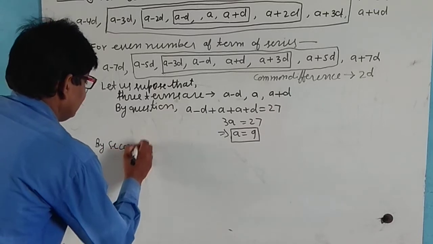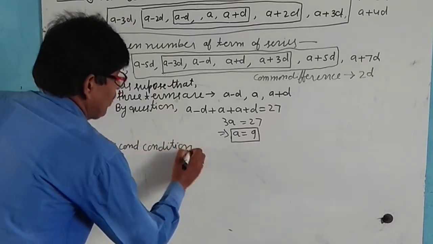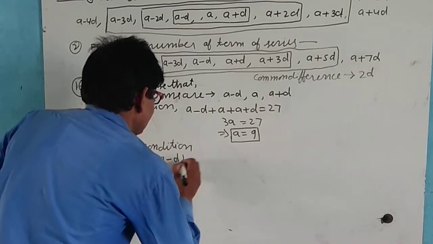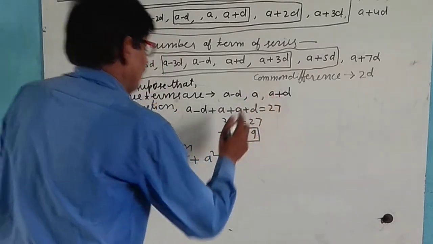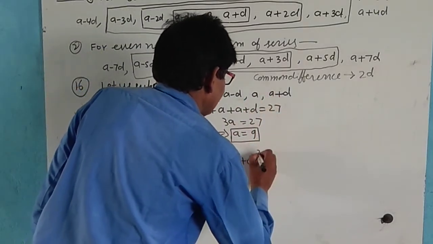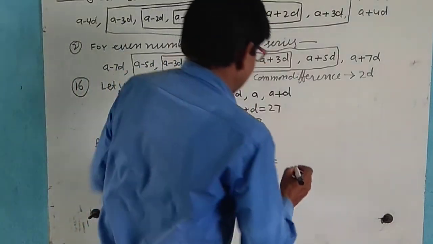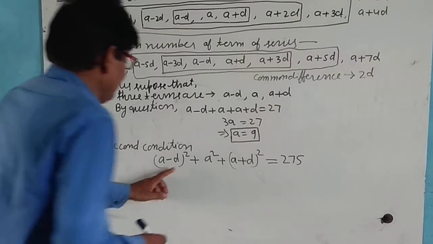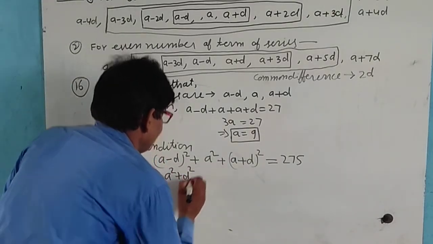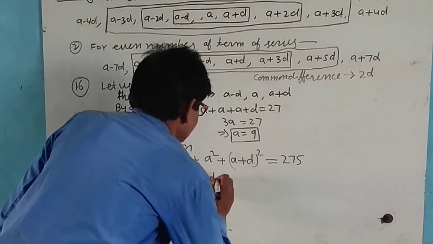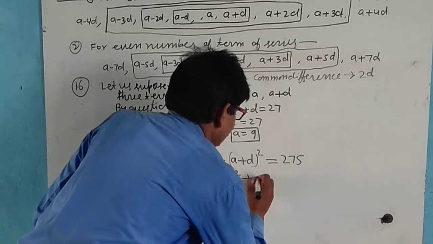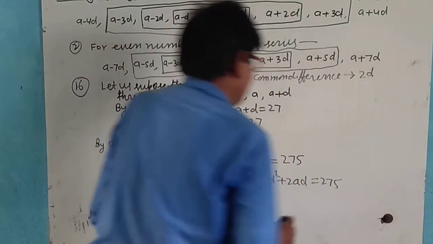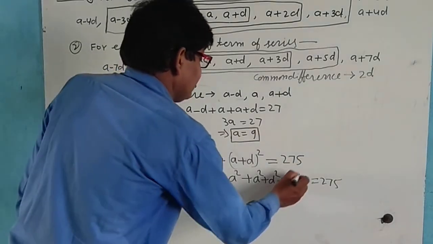By the second condition, the sum of their squares: A minus D whole squared plus A squared plus A plus D whole squared is equal to 275. Now A minus D whole squared is A squared plus D squared minus 2AD, plus A squared, plus here A squared plus D squared plus 2AD, equals 275. Now the 2AD terms cancel.